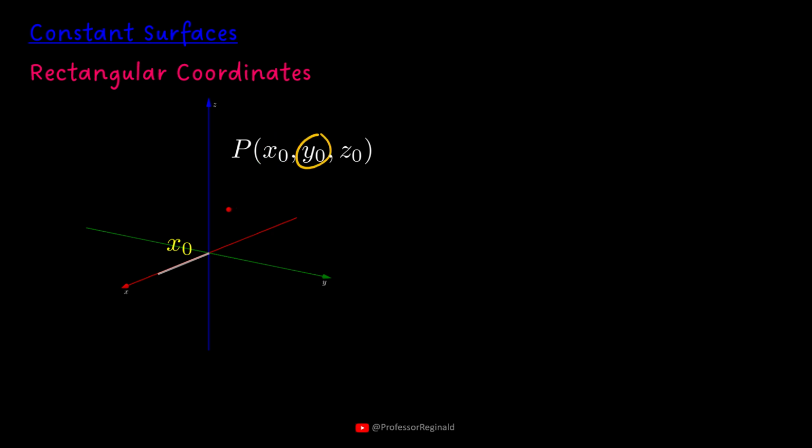The second number is the y-coordinate, and it is the distance of the point from the xz plane. And the third number is the z-coordinate, and it is the distance of the point from the xy plane.